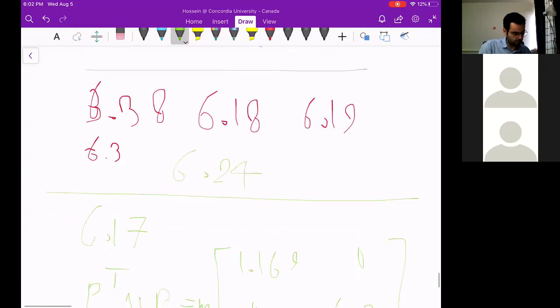So 6.24. There is a damper. I think you are not going to be asked about the damper. So the eigenvalue, modal matrix and normalized matrix.